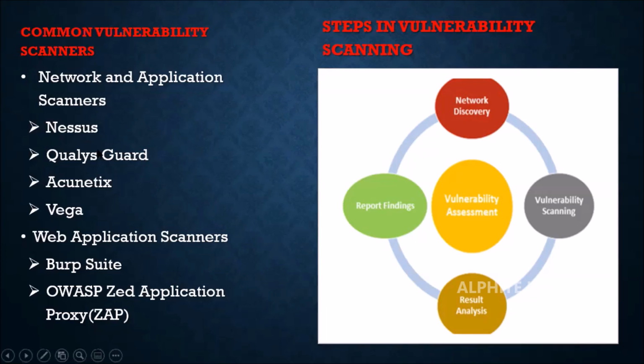So with Nessus, QualysGuard, Acunetix, and Vega, we can scan both network components, be it a firewall or a server. Storage systems, even those you could scan using these tools. And Burp Suite and OWASP ZAP are specific to web applications. You can use them only to scan web applications, and cannot scan servers.